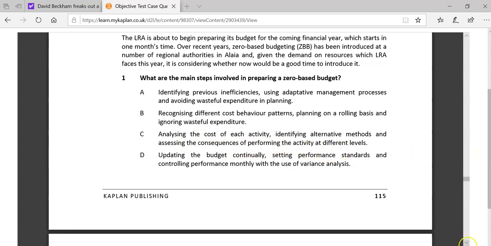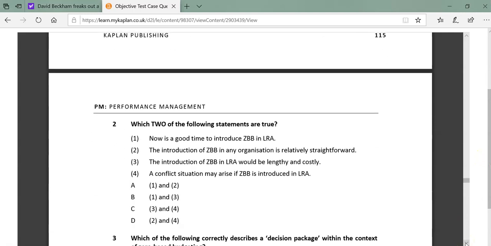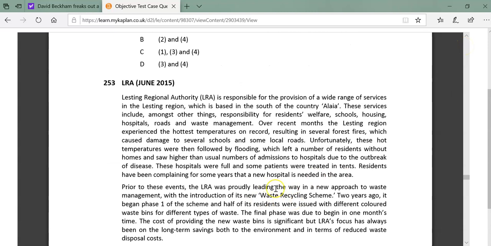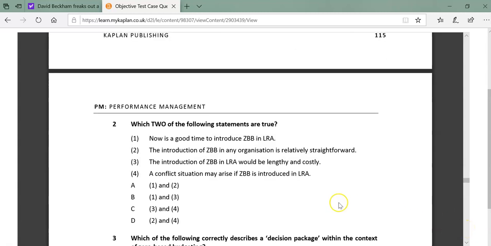Right, so let's carry on and move on to number 2. Which two of the following are true? For this business, if you remember, they're very busy right now, and the managers are stretched. It is time consuming, and the key point here is that they seem very busy. So now isn't a good time to introduce zero-based.